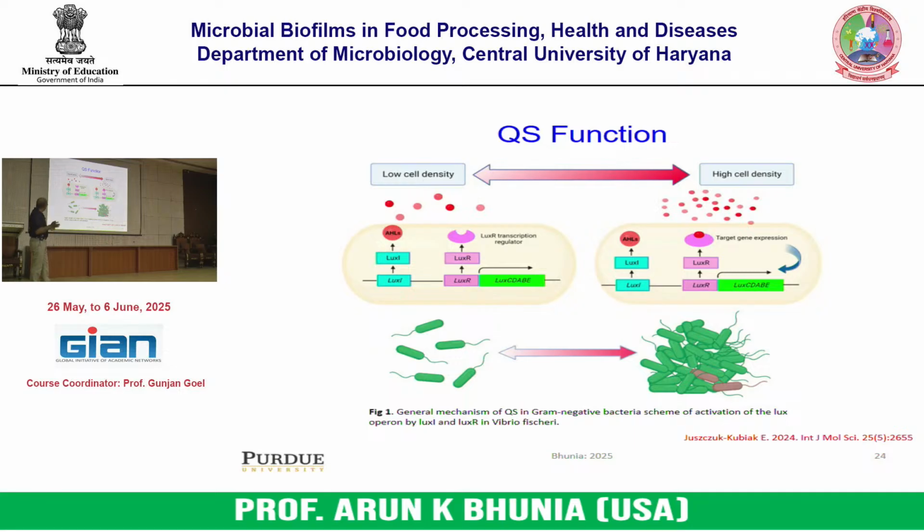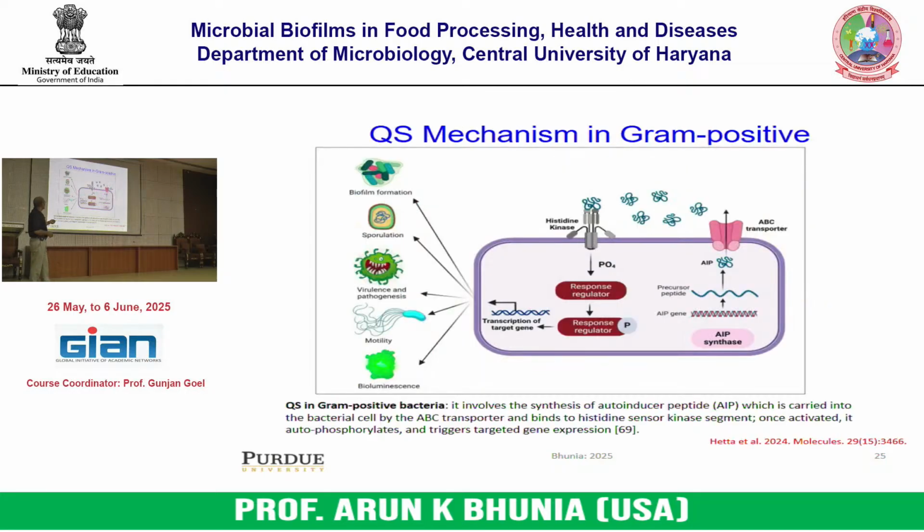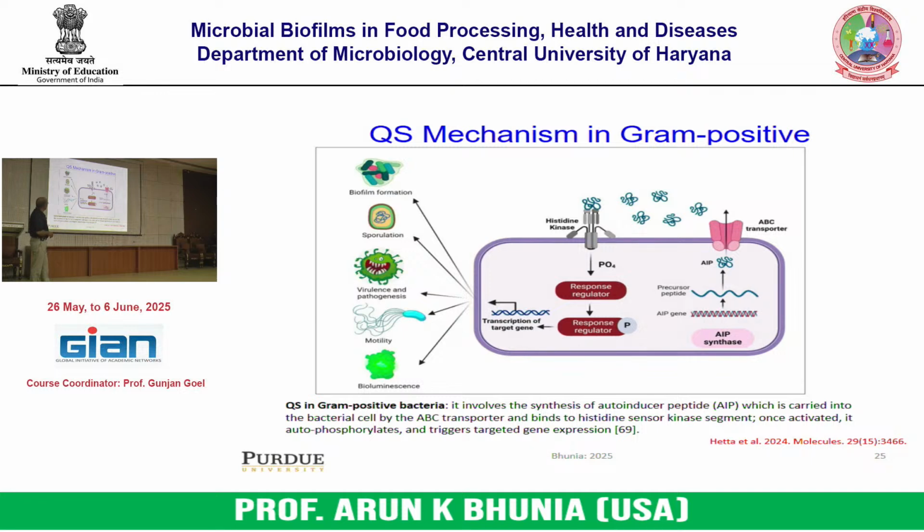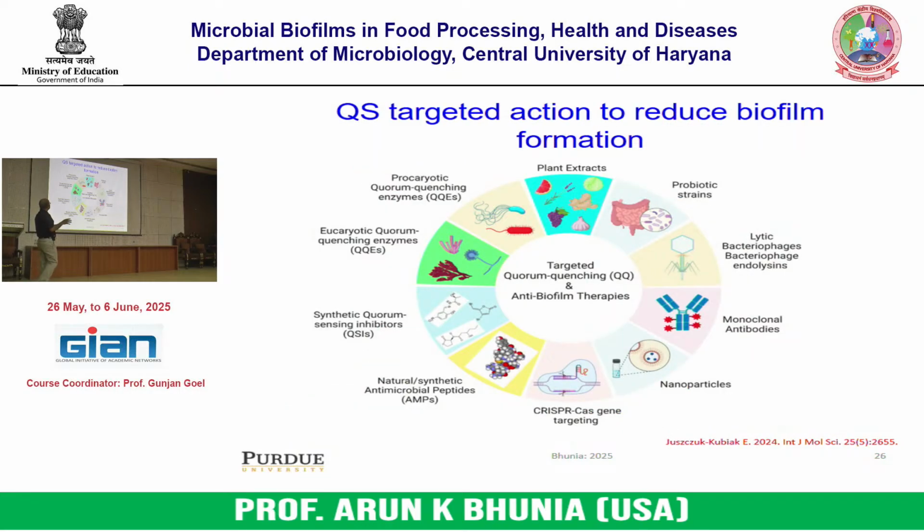And we also learned that it's a cell density indicator, right? At low cell population, they are not going to make it. At high cell population, they are going to produce the quorum sensing molecule. So this is the way they produce. They bind to the receptor and activate. This is in gram positive. I used the gram negative as an example before, just to review it.